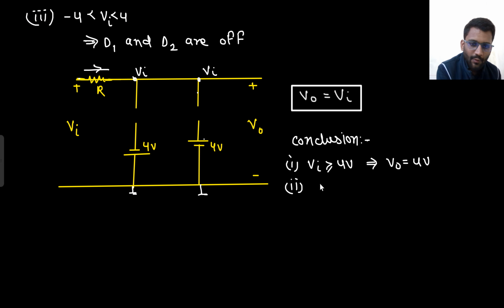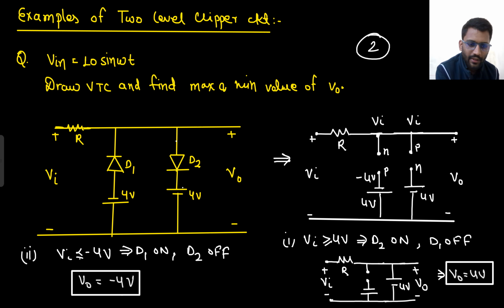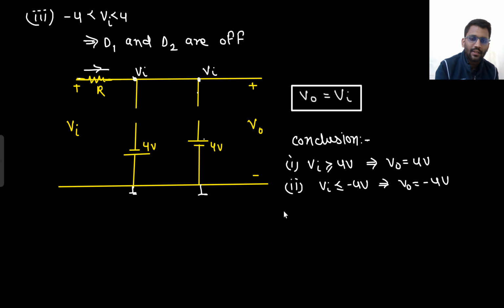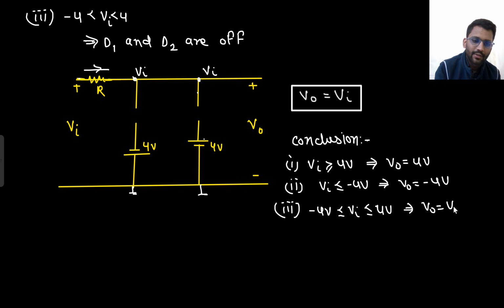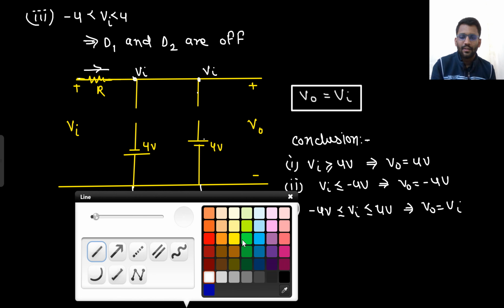Second, for V in less than or equal to minus 4 volt, output was minus 4 volt only. Third, when V in is between minus 4 volt to 4 volt, at that time V out will be equal to V in only.